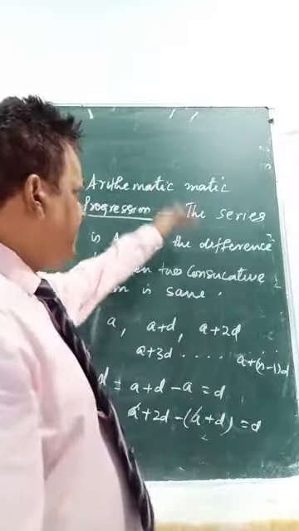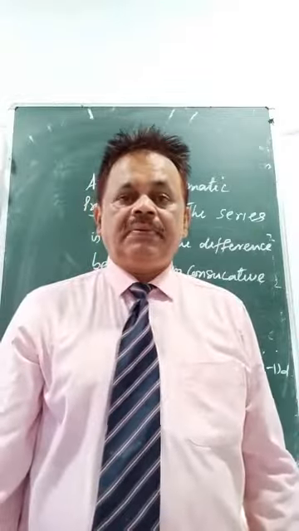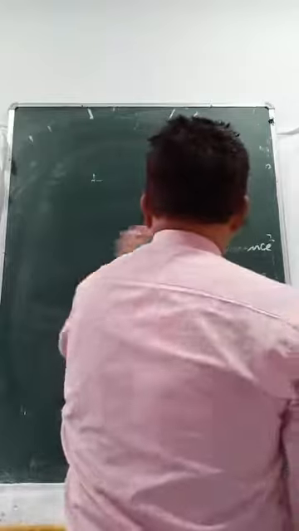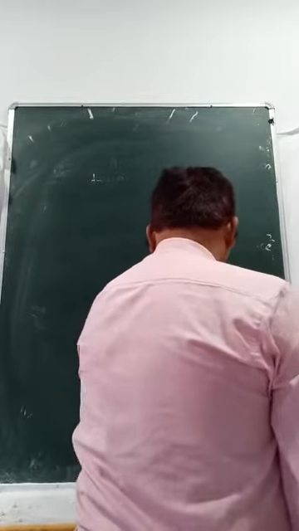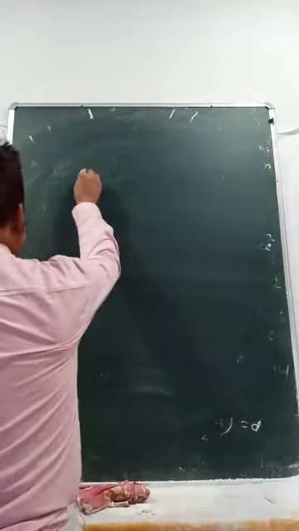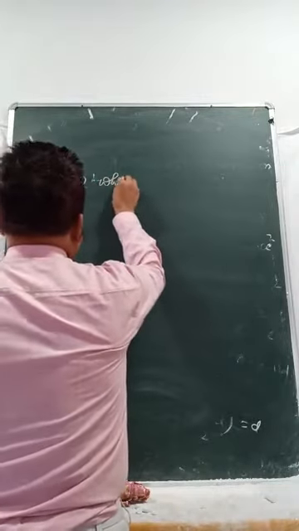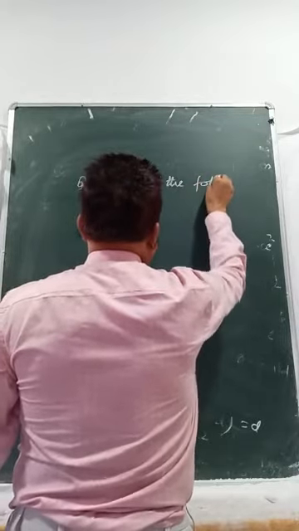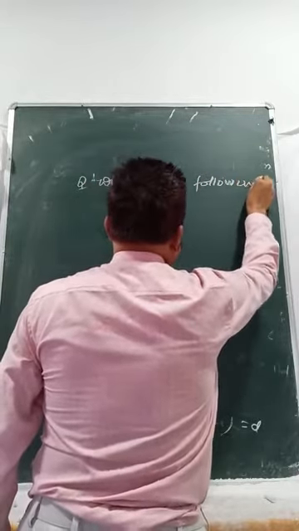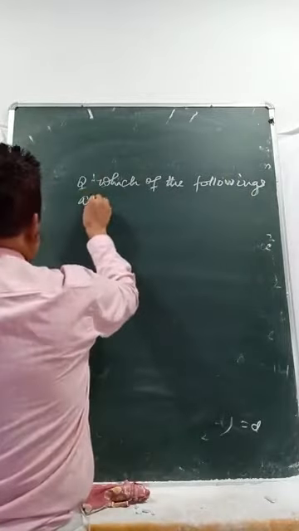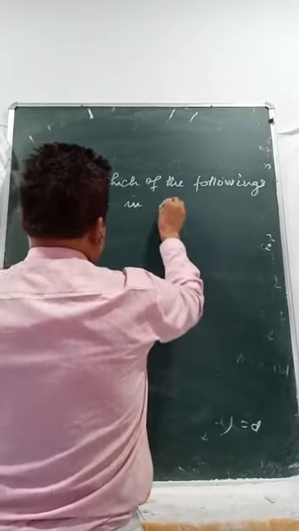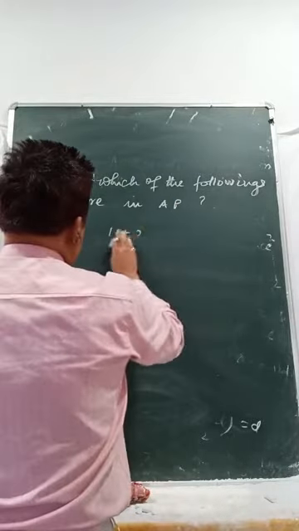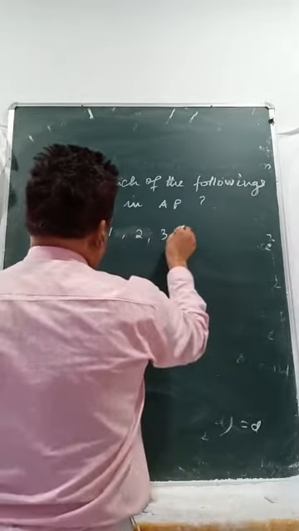So let me write few questions. We'll check whether it is arithmetic progression or not. Which of the following are in AP? First question, 1, 2, 3, 4 like this.